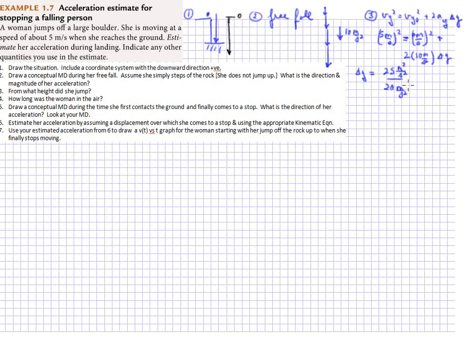Again, always check your units. This does come out to be meters. 25 over 20 is the same as 5 over 4, which is 1.25 meters.